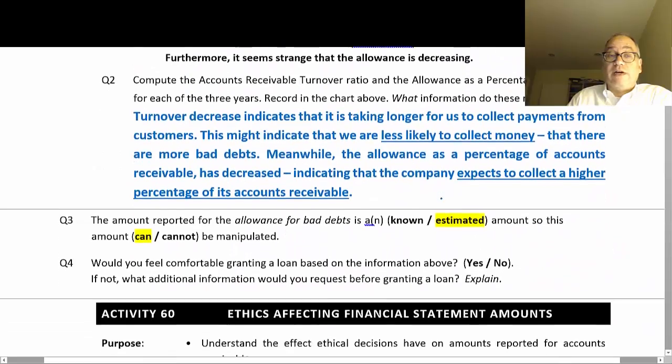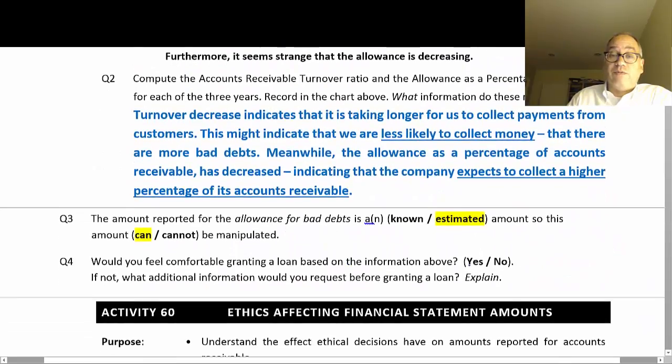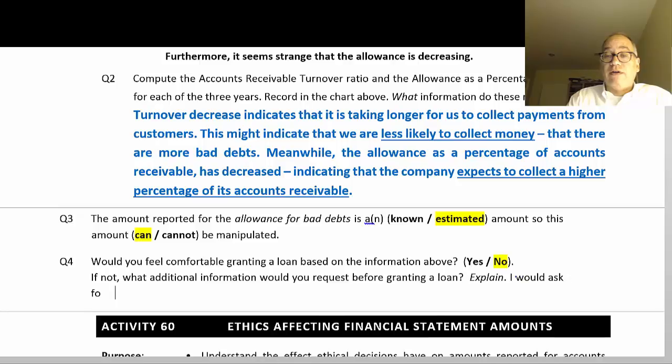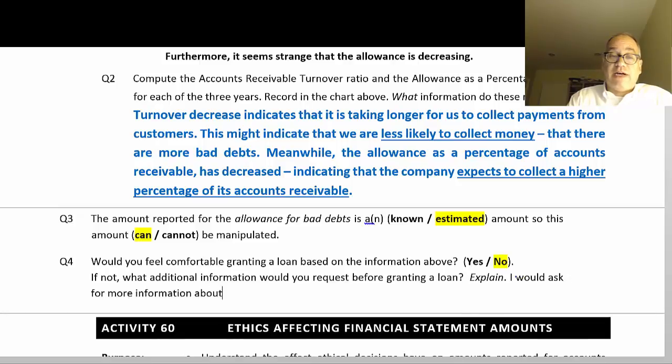So let's go to the final question here. Would you feel comfortable granting a loan based on the below information? That's a question for you. I would have additional questions. I would ask for more information about how the allowance was determined.